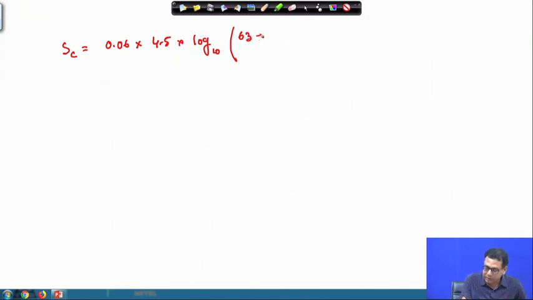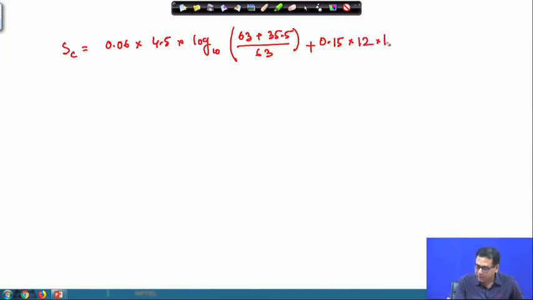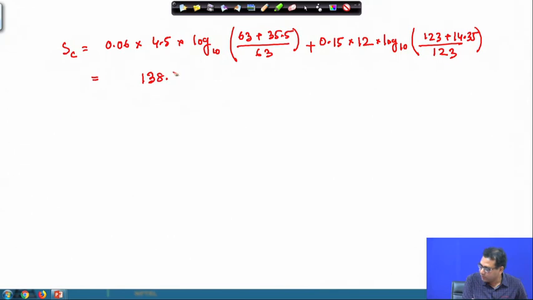So, this is 63 plus 35.5 divided by 63, then plus for the second layer is 0.15 into 12 is the thickness of the layer into log 10, 123 plus 14.35 divided by 123. So, this value is given 138.7 millimeter.